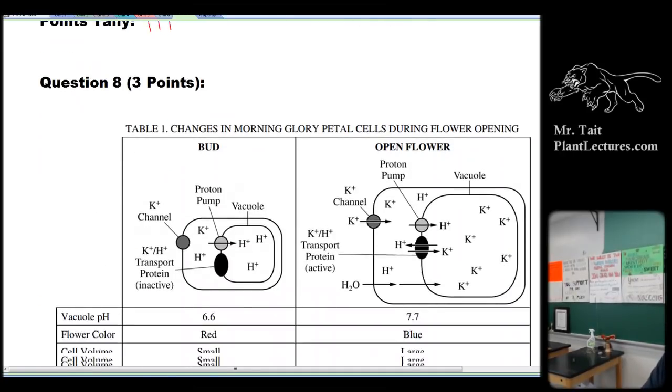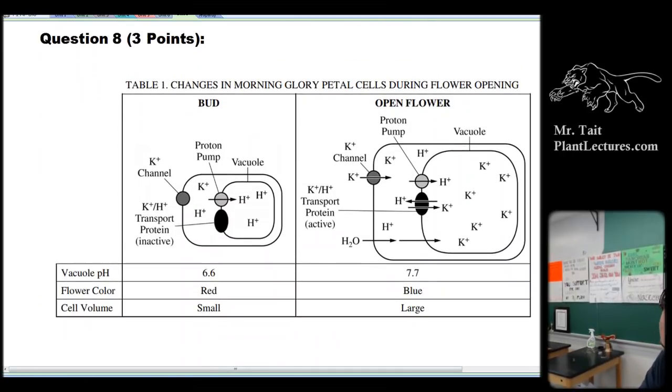Okay? And then the last question, 8, was... The petal color of the Mexican morning glory changes from red to blue, and the petal cells swell during flower opening. The pigment heavenly blue anthocyanin is found in the vacuole of the petal cells.